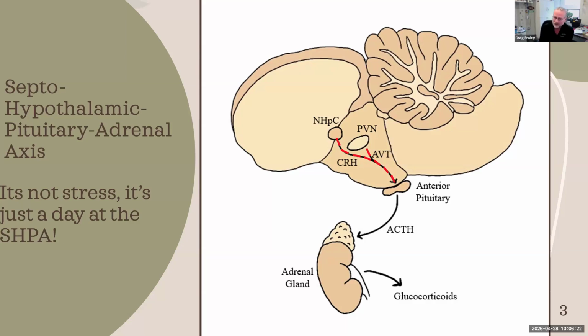These both act on the anterior pituitary to release ACTH, or adrenocorticotropic hormone, on the adrenal glands, which then release glucocorticoids. So referring to the anatomy of the stress response as the HPA is not entirely accurate. We really should refer to it as the septohypothalamic pituitary adrenal axis, or the SHPA, which is what I will do.